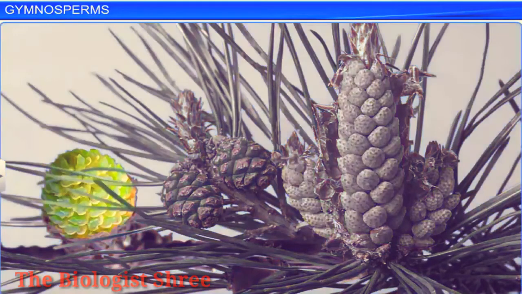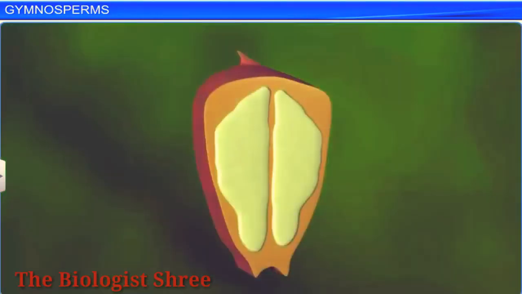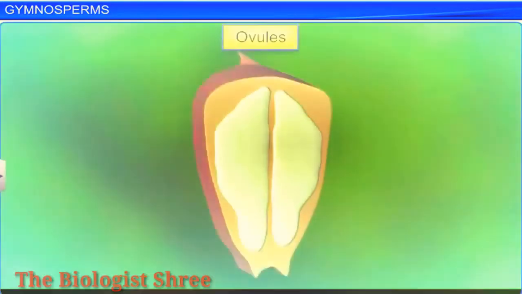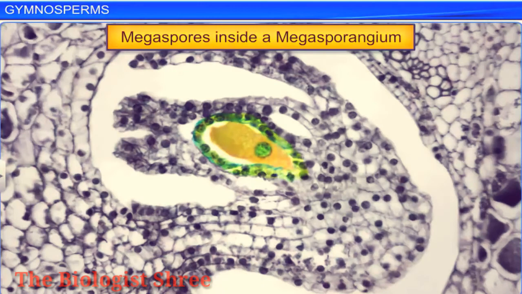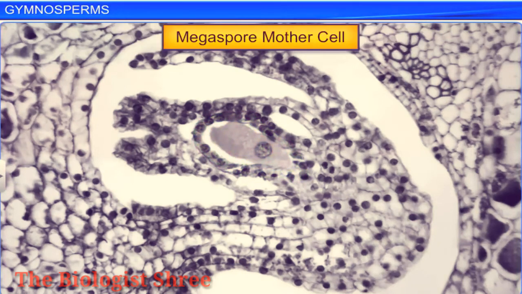The female strobilus is a cluster of megasporophylls, which bears ovules containing the megasporangium or nucellus. The megasporangium, surrounded by a layer of envelopes, produces haploid megaspores, and a megaspore mother cell, which looks distinctly different from the other megaspores.